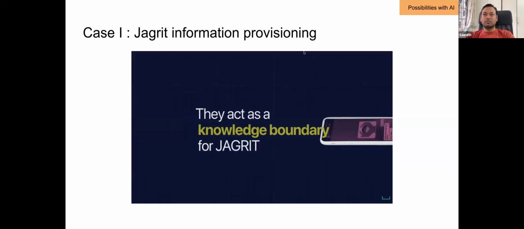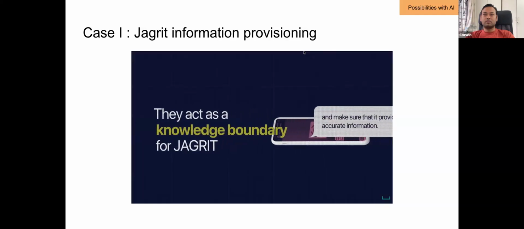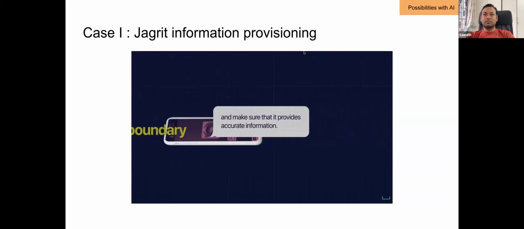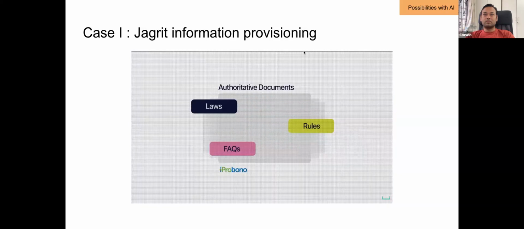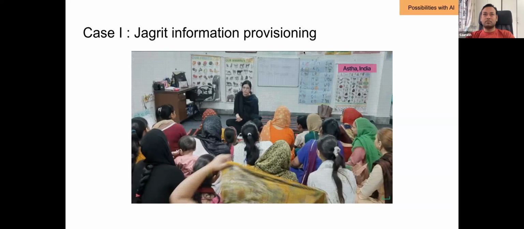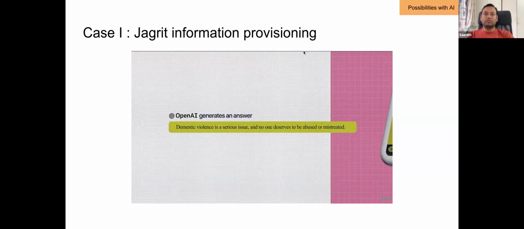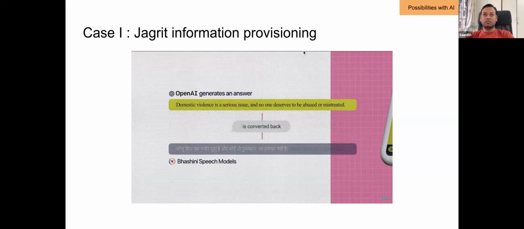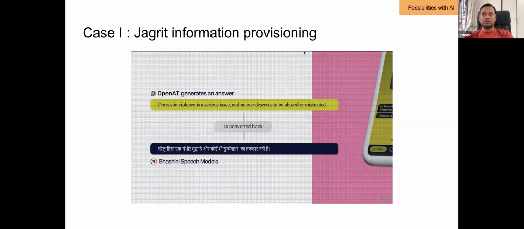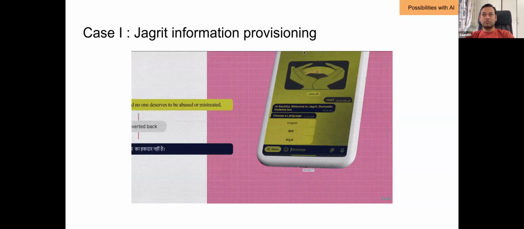They act as a knowledge boundary for Jagrit and make sure that it provides accurate information. For this chatbot, the authoritative documents were prepared by the iProbono team. Further, the response generated by the GPT model is converted back into the original Indian language and sent back to the user as a text and voice message.